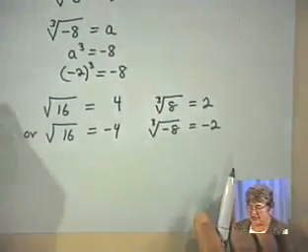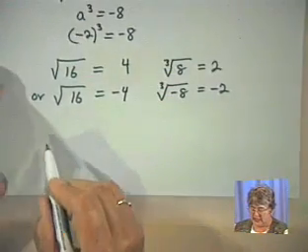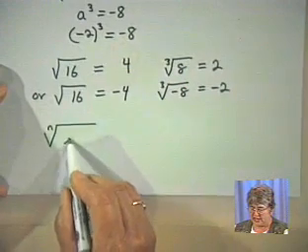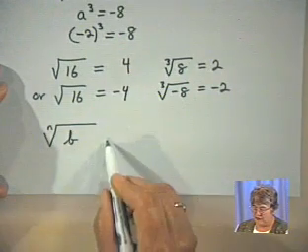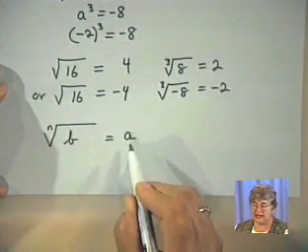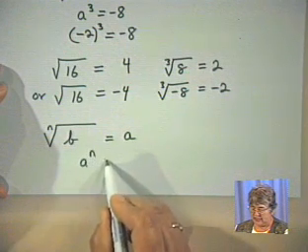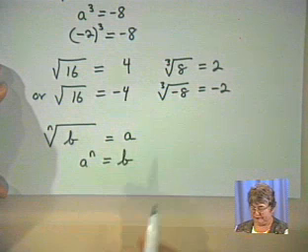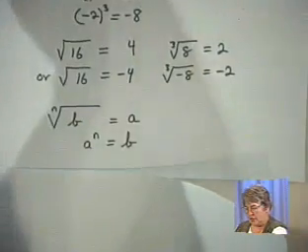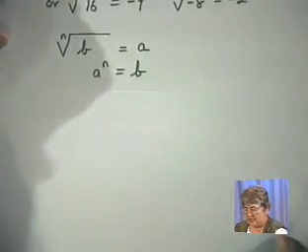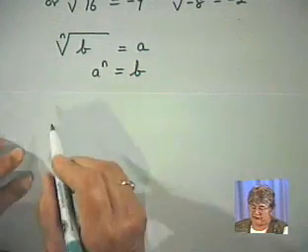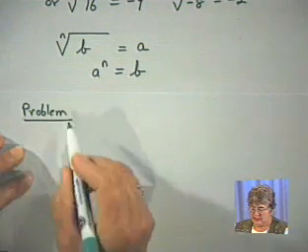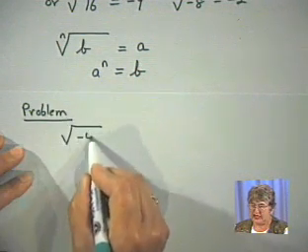In the same way, if we look at the root of a number b, for example, what I'm looking for is a number a, so that a raised to that power is b. For example, suppose that we have the square root of a negative 4.